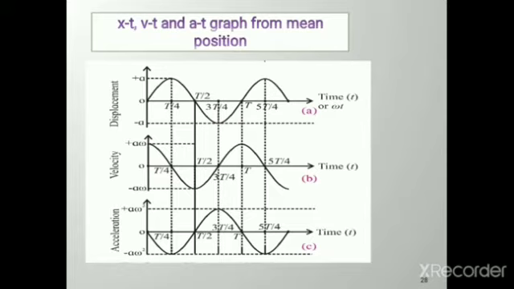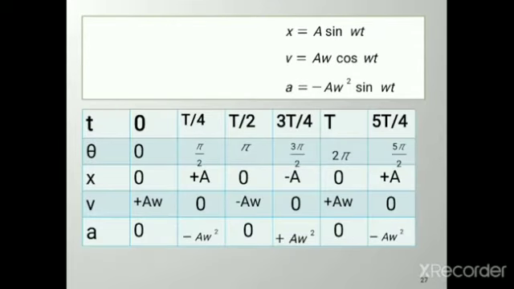Here, students, what you have to do is plot each and every value of x for the respective value of t. If you plot the value for t is equal to 0, then for that value displacement is 0, from our table.